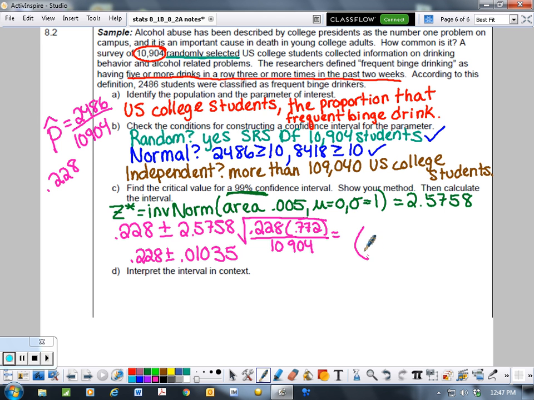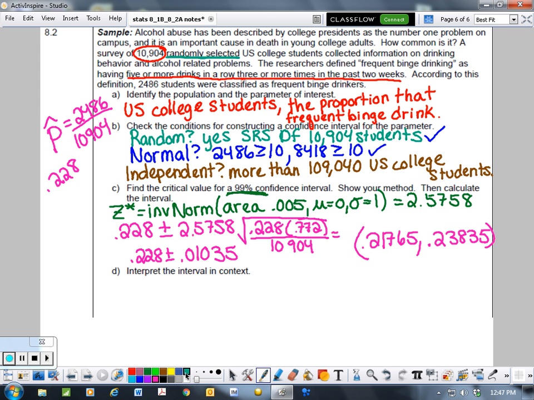Accidentally had an extra decimal in there. So 0.21765. And then I'm going to take the 0.228 and now I'm going to add the 0.01035. Got another weird decimal in there. There we go. Which gives me 0.23835, which is a really small interval compared to our last problem.